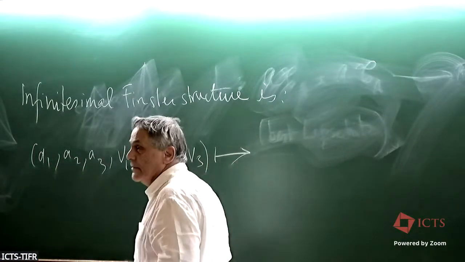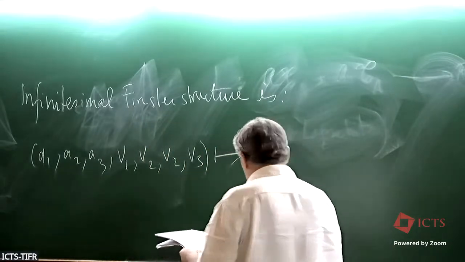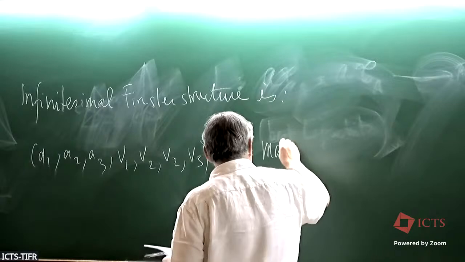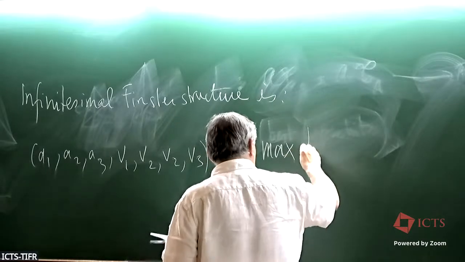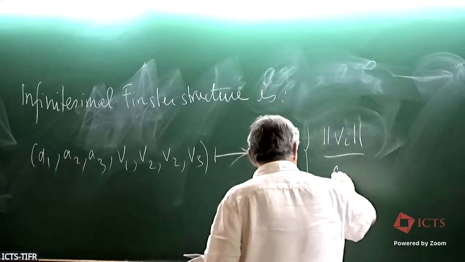So this is the function on the tangent space, and this is the max of the norm of Vi divided by Ai.